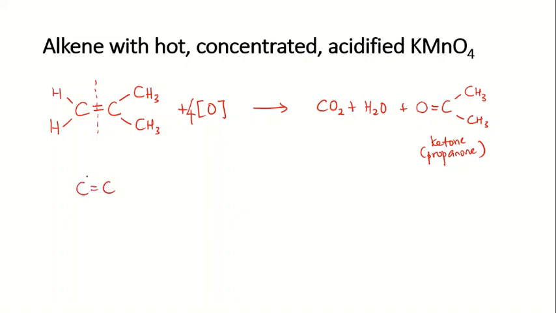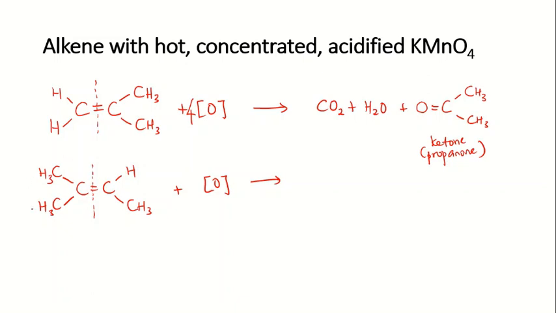This time, again, an alkene, two carbons sharing the double bond. The carbon on the left-hand side, I still put two CH3 groups. And the one on the right-hand side, I would like to change a little bit. One of them is hydrogen, another one is CH3. Now again, when the alkene reacts with hot concentrated acidified KMnO4, we split the compound at the double bond.